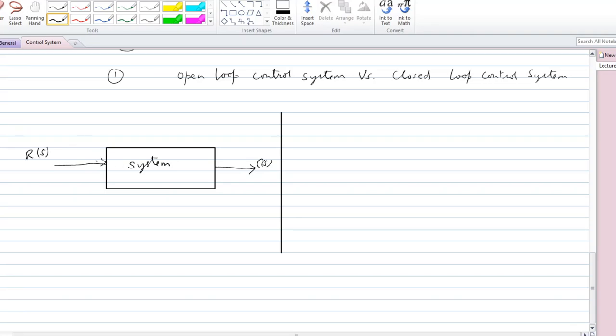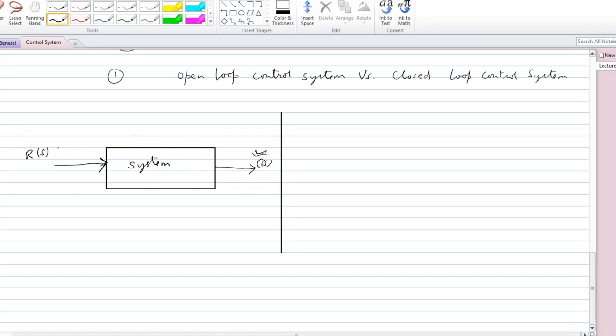That is, there is no means or way available to have a watch on this output, that is, what is actually the output for a given input. We cannot see it.